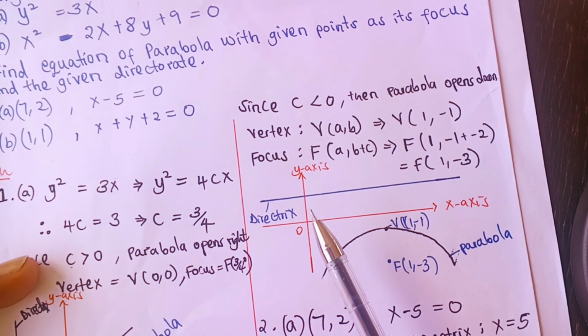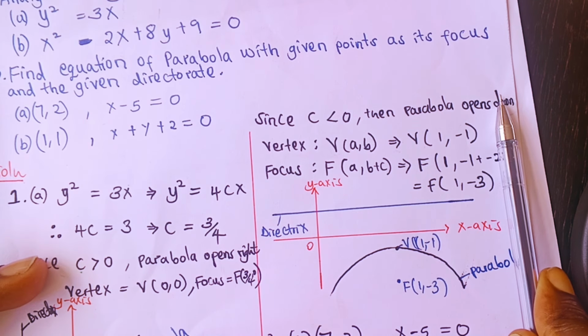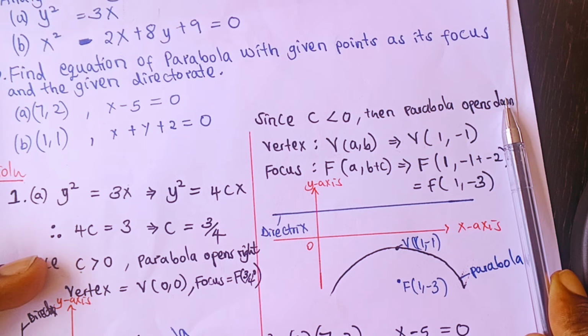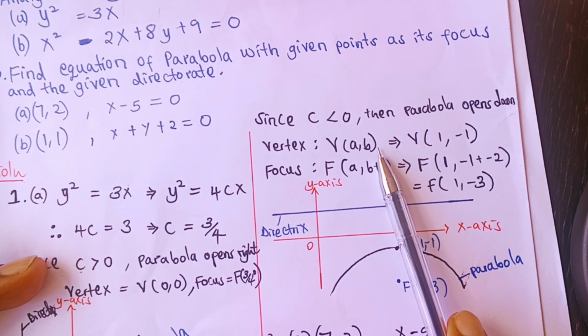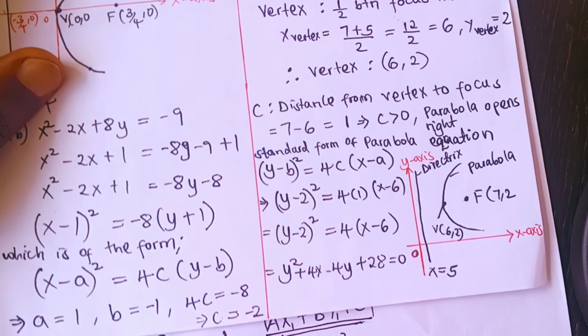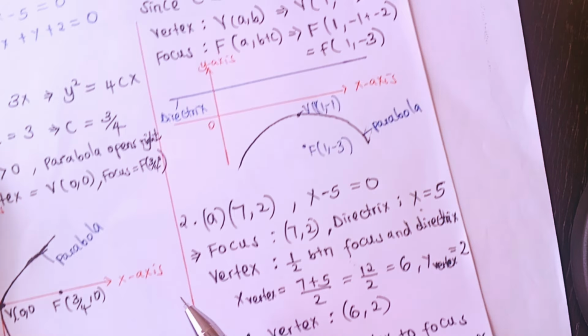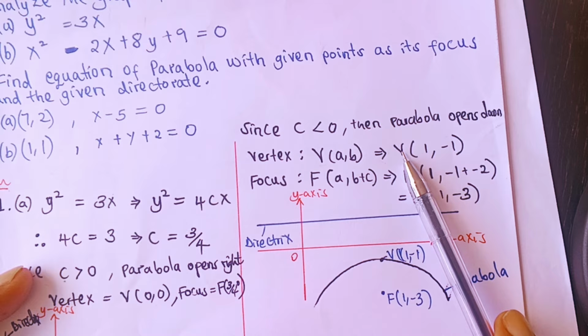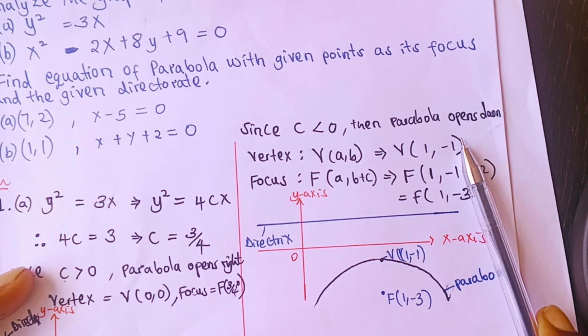So c is negative 2, and since c is less than 0, the parabola will open down. I hope you understand that. The vertex is going to be (a, b). Remember here, our a is 1 and b is negative 1. This implies that the vertex will be (1, negative 1).